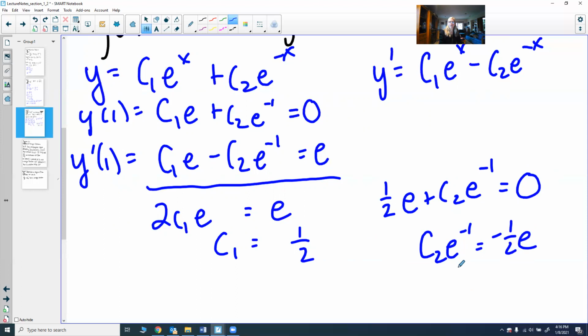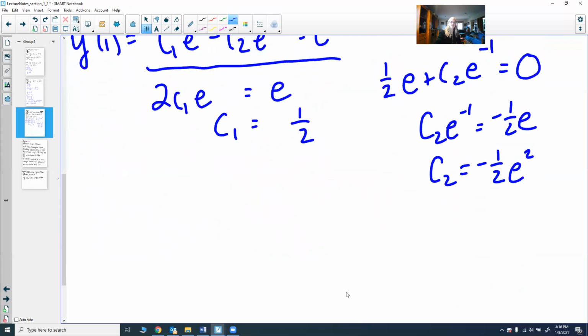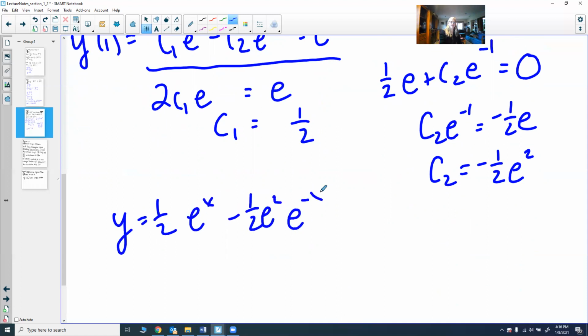Divide through by e to the negative 1, that will give me c2 is equal to negative 1/2 e squared. All right, so again, I will then rewrite my equation. My equation is y is equal to 1/2 e to the x minus 1/2 e squared e to the negative x. So that's actually my particular solution for this initial value problem.